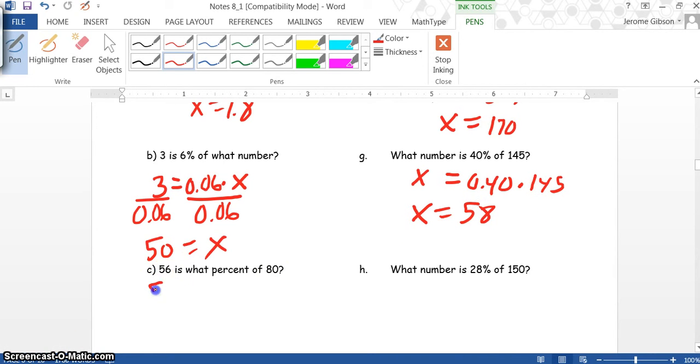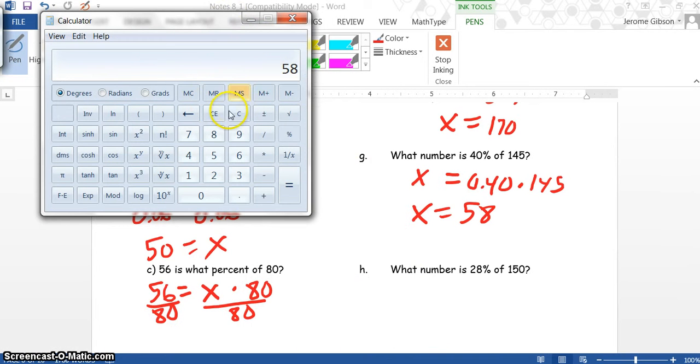Now it says here 56 is means equals, what percent is x, of means multiplication, and 80 is just 80. Now we would divide each side by 80, and then we would take our calculator here.